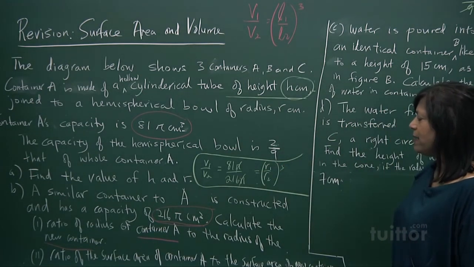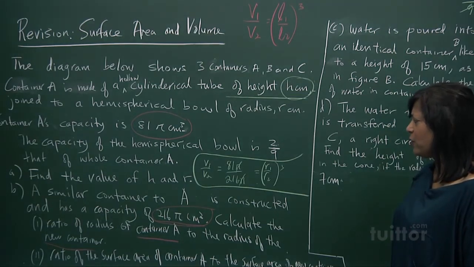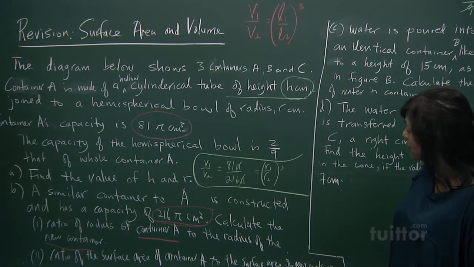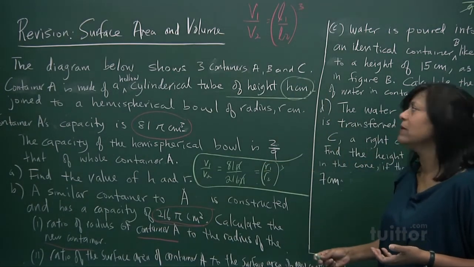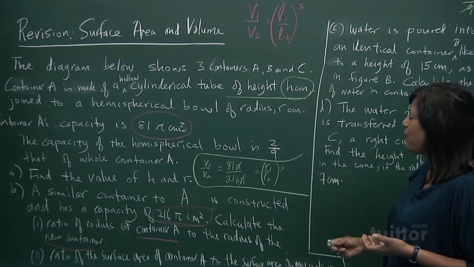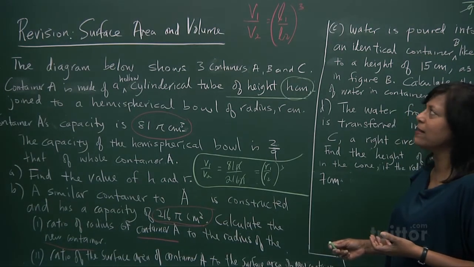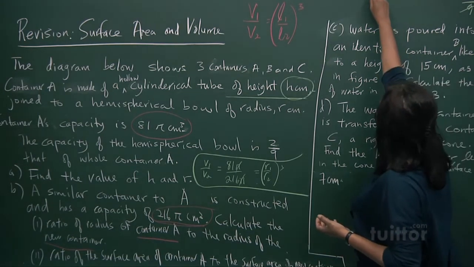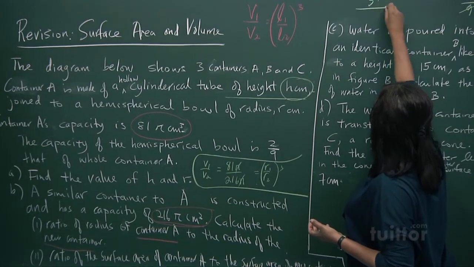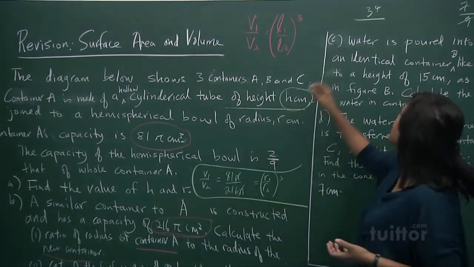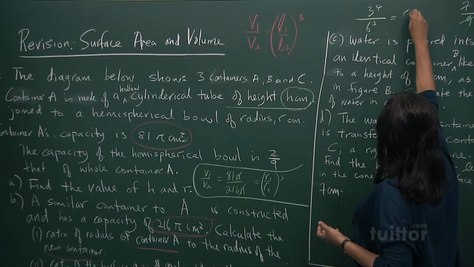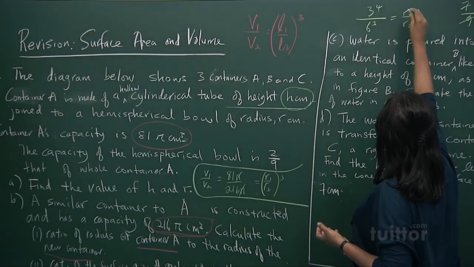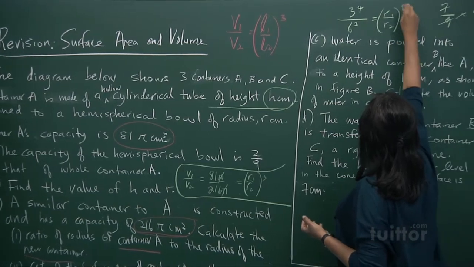So we look at 81, we can find the cube root if we can, that will be good. Now R1 over R2 will be the cube root. 81 is actually 3 to the power of 4, and 216 is 6 cubed, 6 to the power of 3. And you've got R1 over R2 cubed.